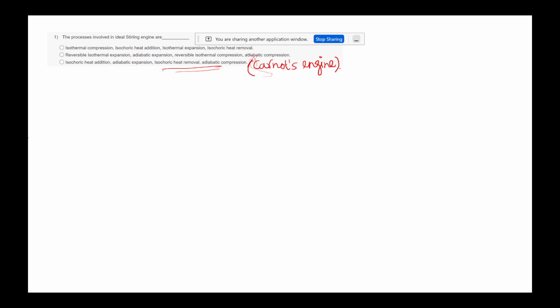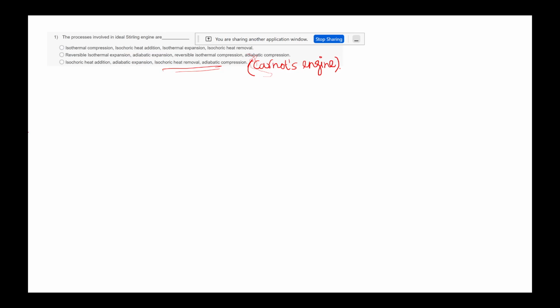This is not something we have to worry about, because in the ideal Stirling engine all the processes are reversible.